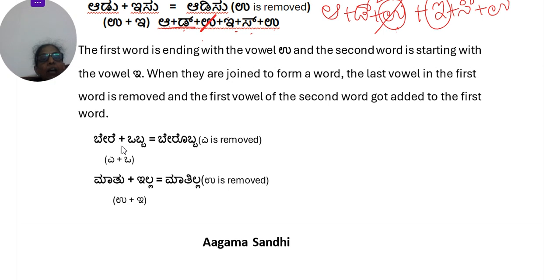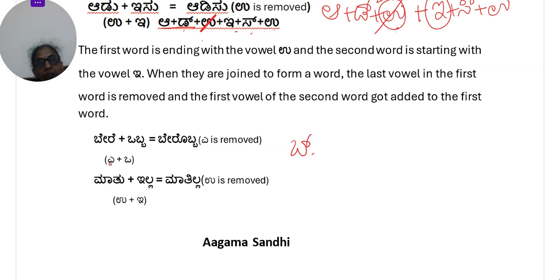Now, bere plus obba. Bere is ending with A and obba is starting with O. But when you join together, it becomes berobba. What happened here? The A got removed.